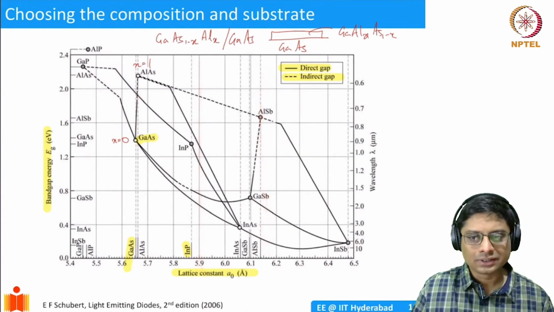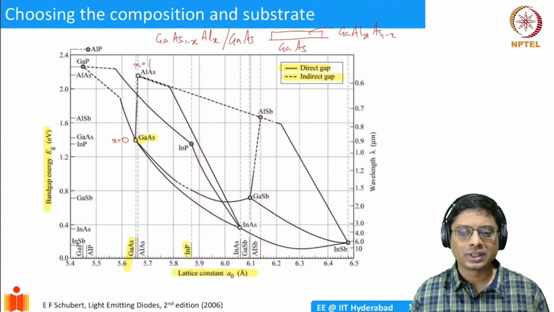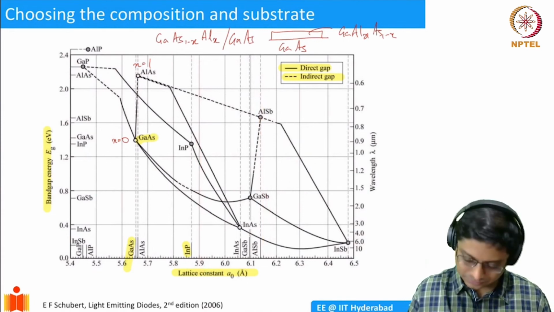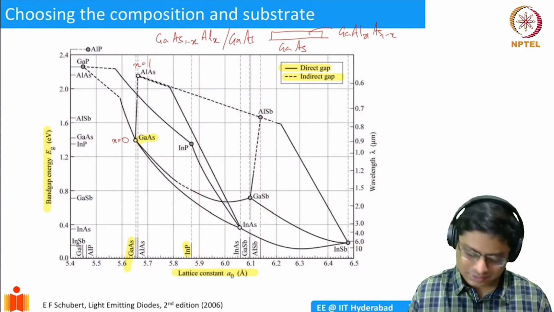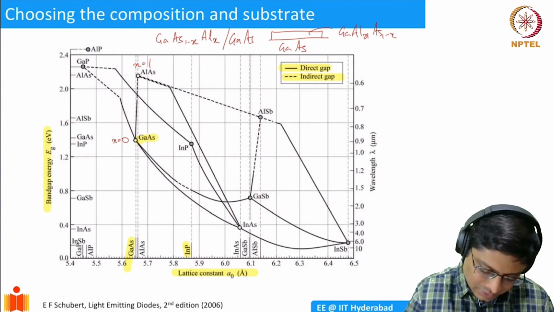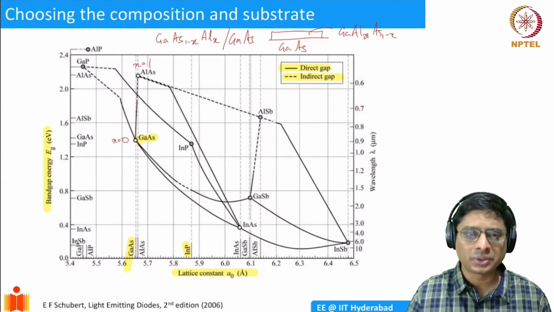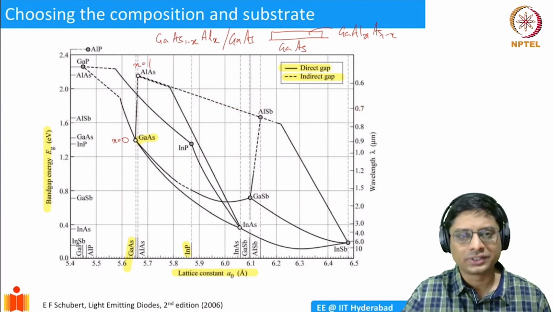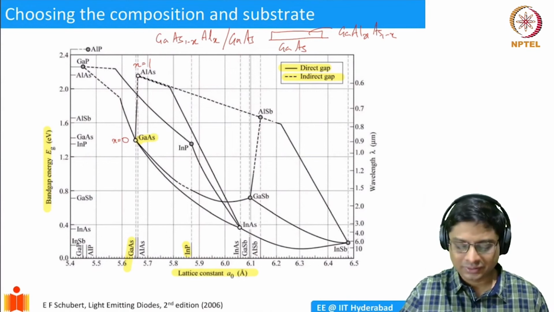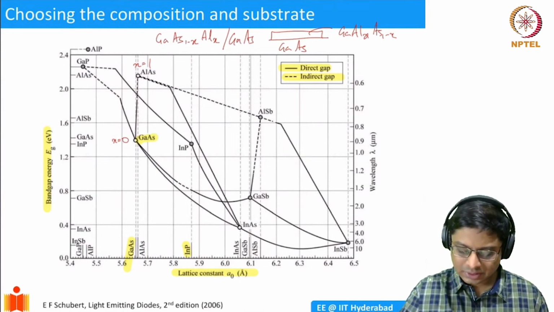That is what we are looking for in this diagram. Let's take another example. If you grow this, essentially you get 700 nanometers light. Easily you can get 700 to 800 nanometers. You can tune it and grow various materials, and we can get lasers and LEDs.